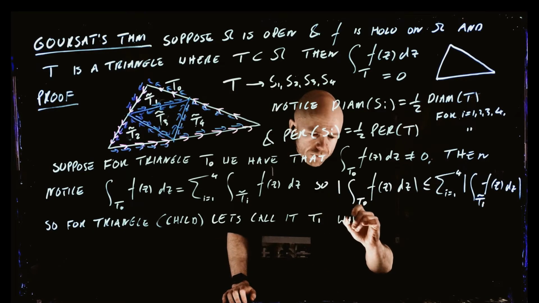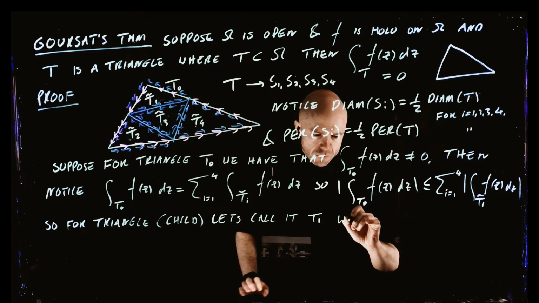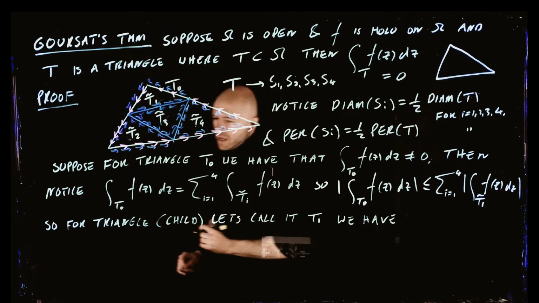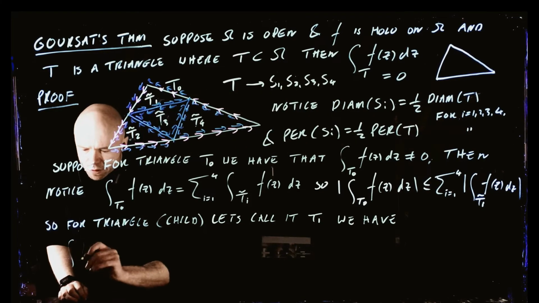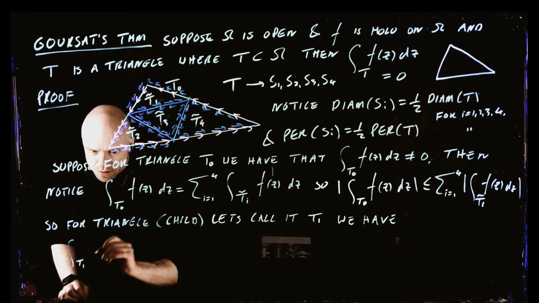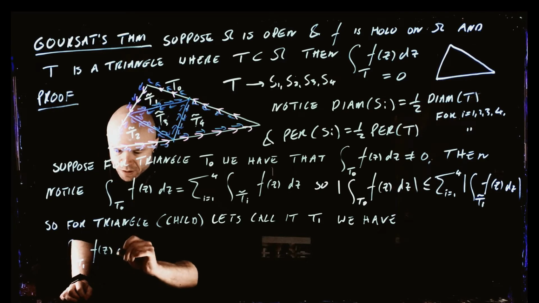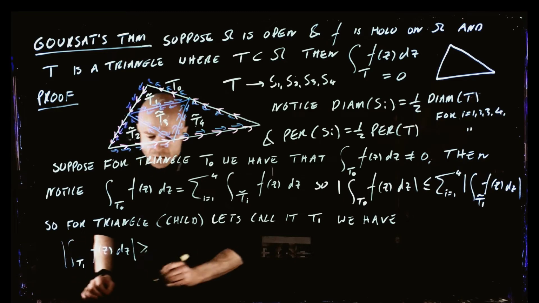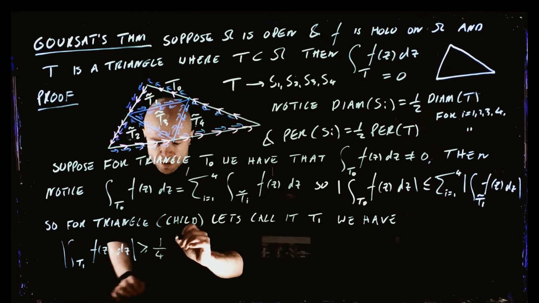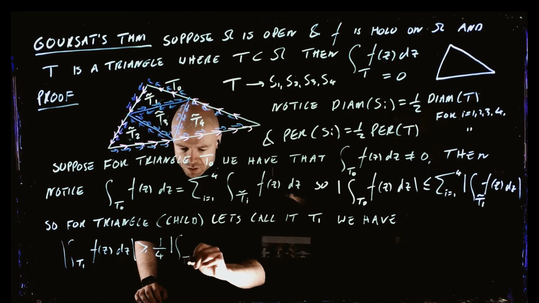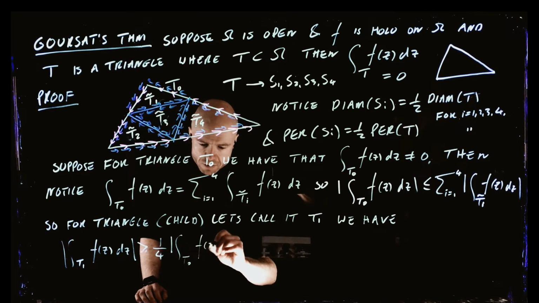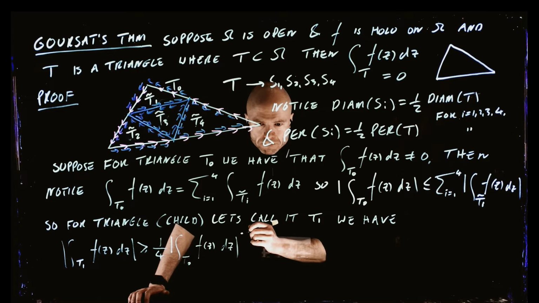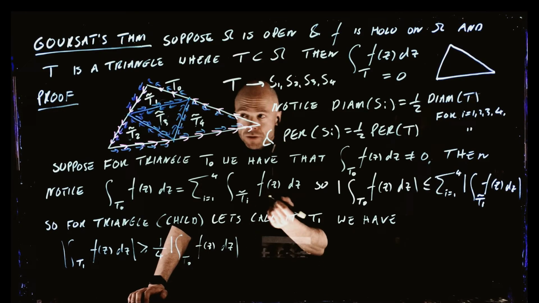We have that the absolute value of the integral around T1 of f(z) dz is bigger than 1 over 4 the absolute value of the integral around T0. Cool. And then you can guess what's going to happen.